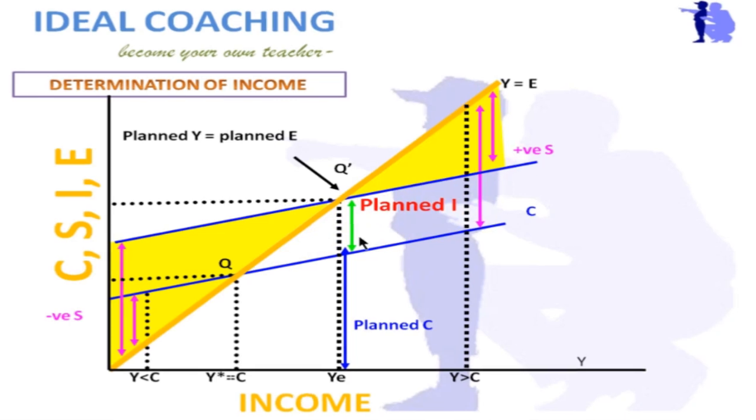So in two ways the government or economy can analyze the situation of income, according to consumption or according to saving. If we are consuming more, then our savings will be less, and if we are saving more, then our consumption will be less, and vice versa.